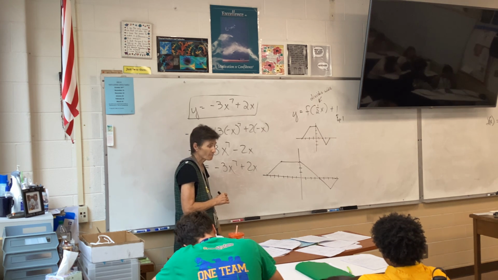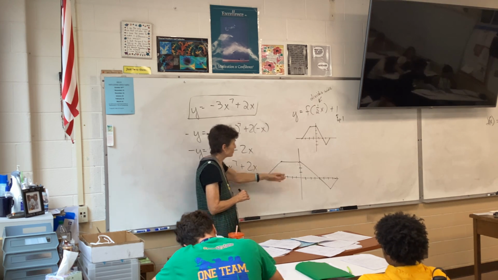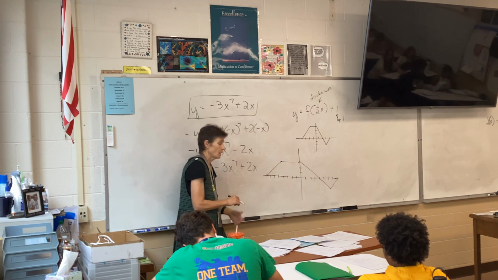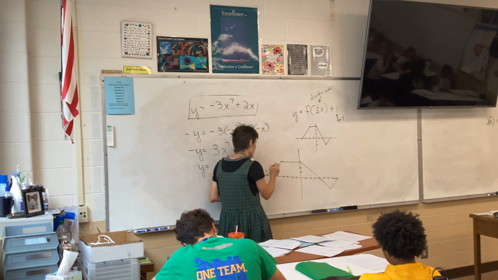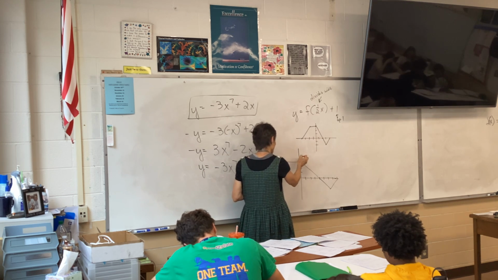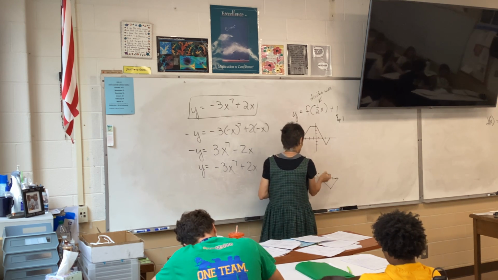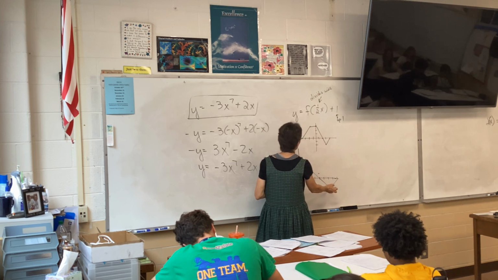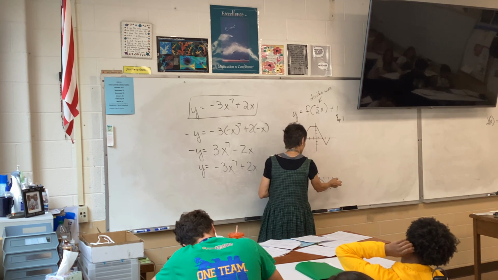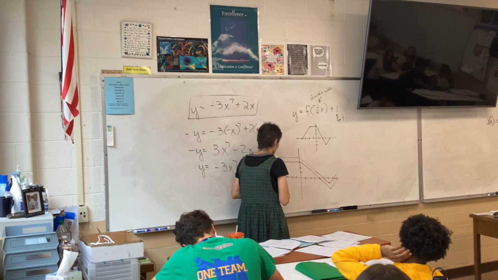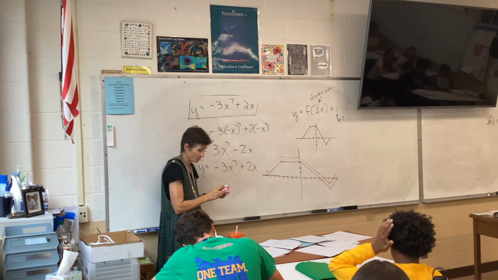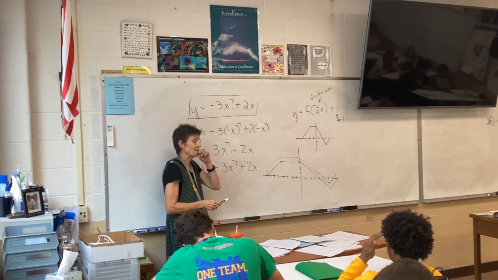All right, Tess? Now, what has to happen to it now? It has to go up 1. So instead of being at 0, it's at 1. Instead of being at 3, it's at 4. Instead of being down 2, now it's only down 1. And there it is. That pink thing is your answer.